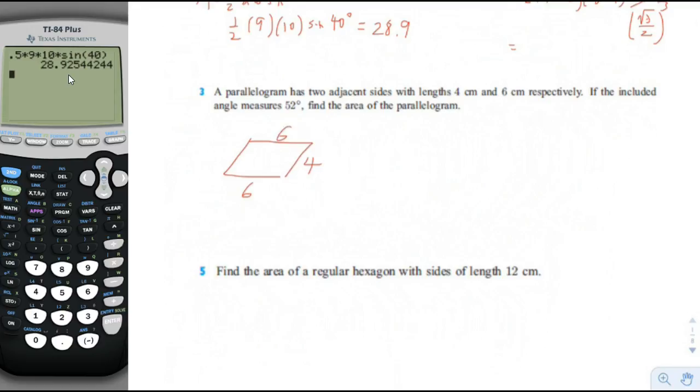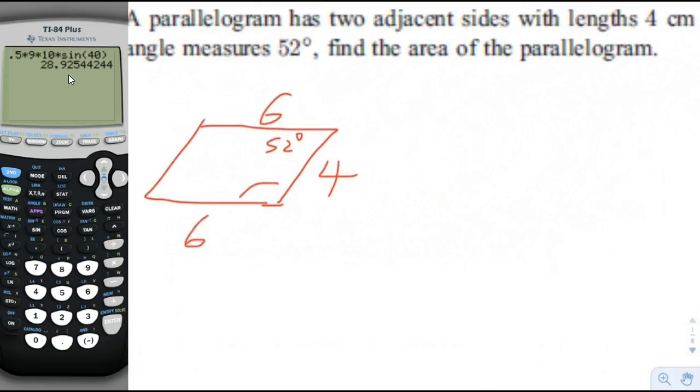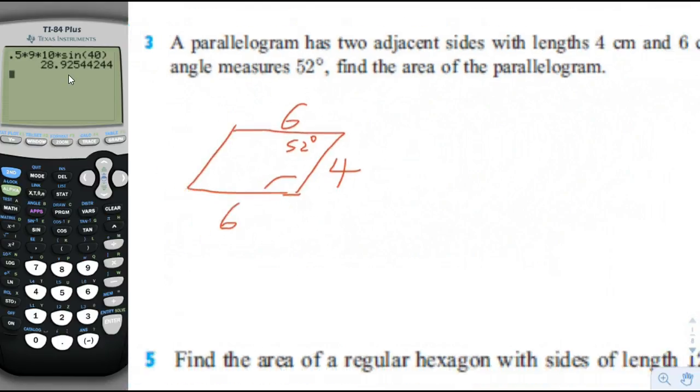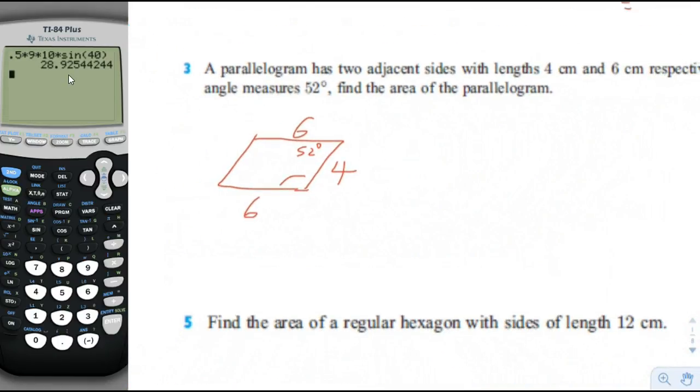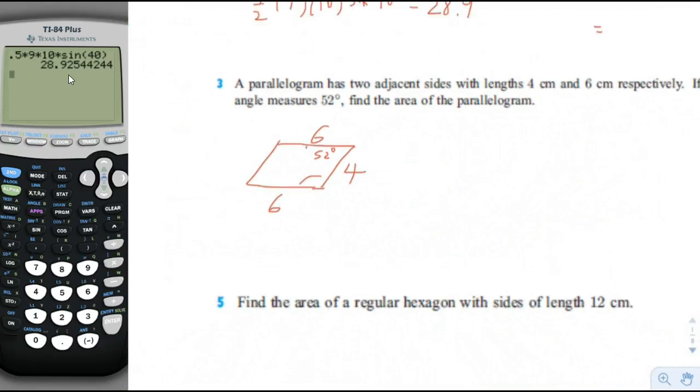Now would that be this angle or this angle? It would be what they call the acute angle, not the obtuse angle. So that would be 52 degrees here.